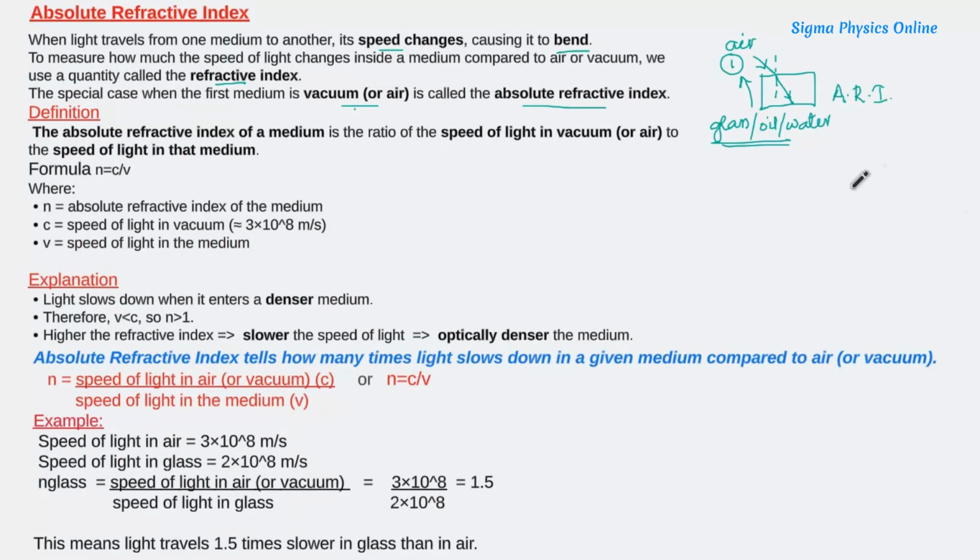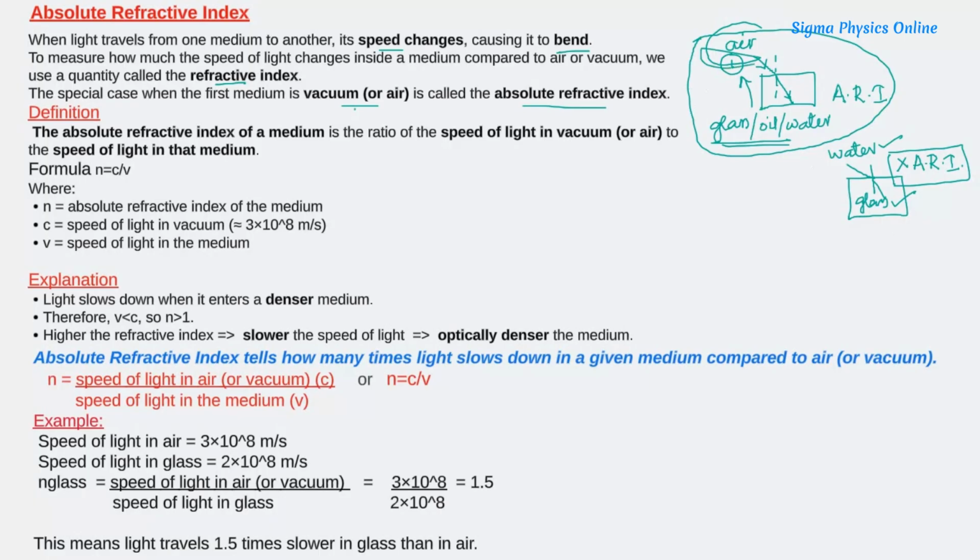But if light is coming from some other medium, let's say this medium is water and this medium is glass, then the refractive index of glass with respect to water will not be called as absolute refractive index. So absolute refractive index is considered only and only when the first medium is air. So I hope you are clear with this.